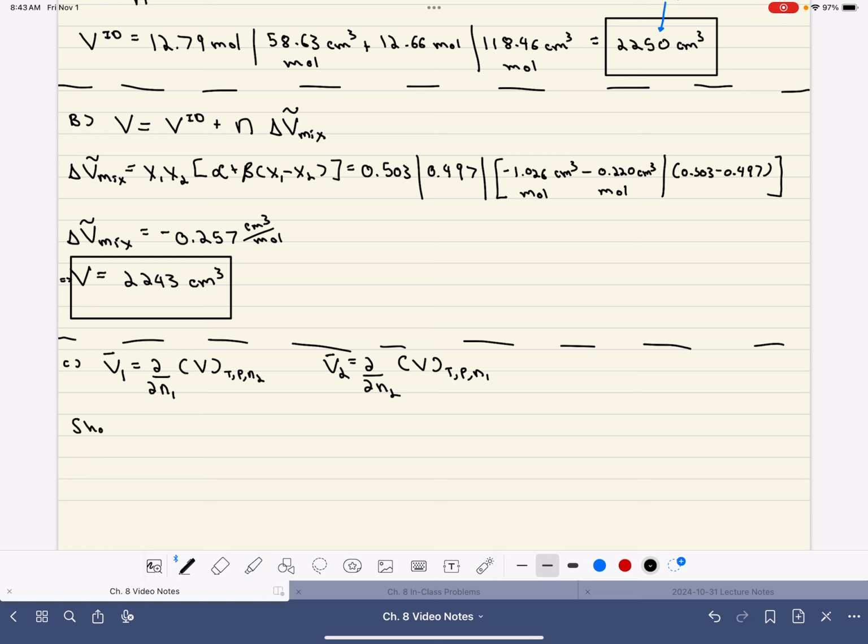And the shortcut method actually comes from what was discussed when we previously went through how to analyze partial molar quantities based on a graphical analysis. And so here, from the graphical analysis, you may remember that we could describe the delta V mix using this relationship.